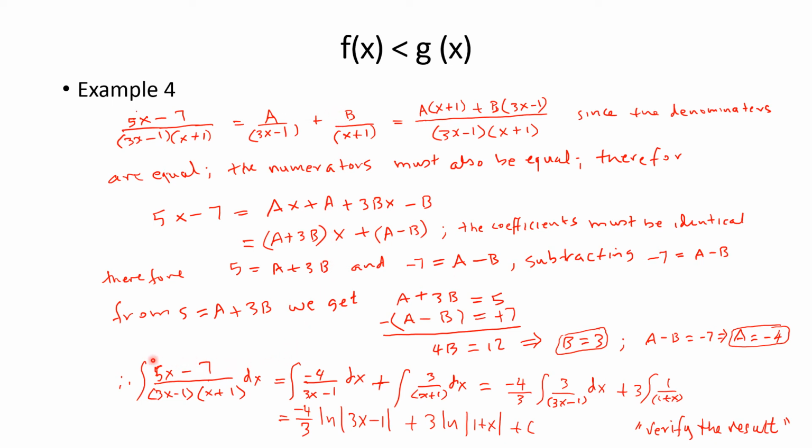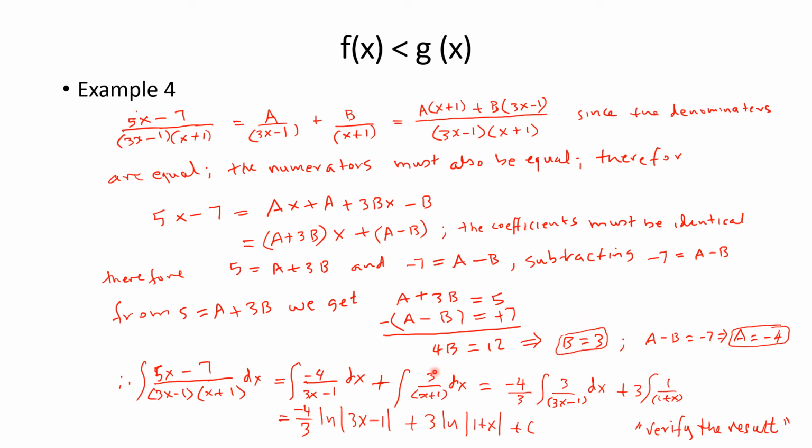So the integration of the left hand side, which is this right here, equals the integration where we're going to replace A by its value, which is negative 4. We just argued that A is equal to negative 4. So negative 4 divided by 3x minus 1 dx plus we have 3 over x plus 1. 3 is for B. So we have B is equal to 3.